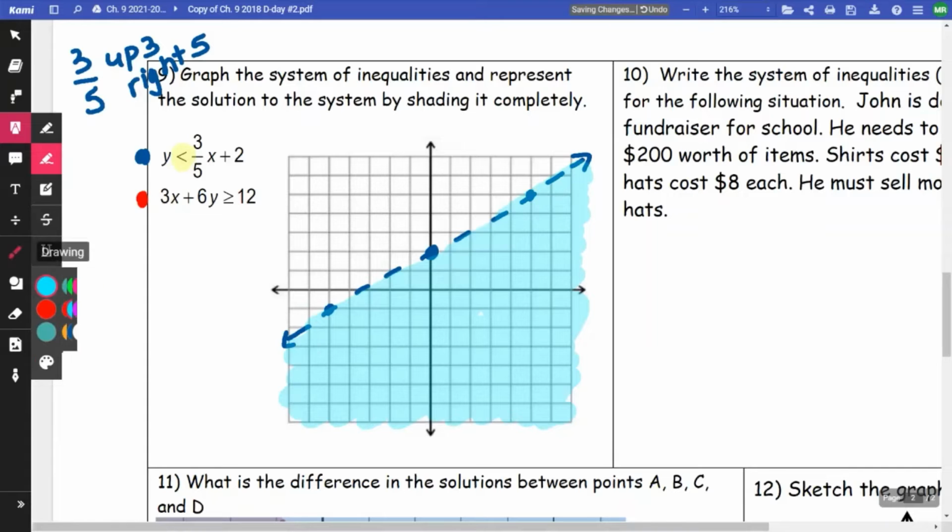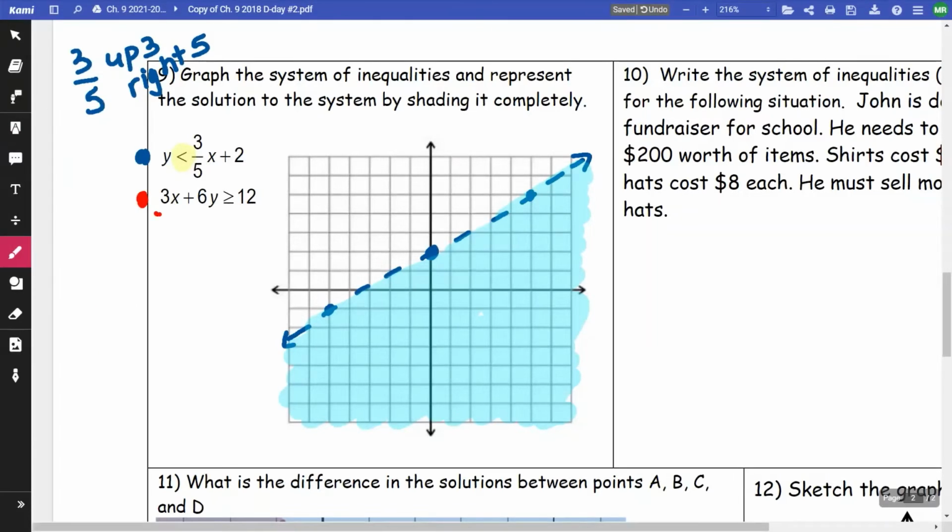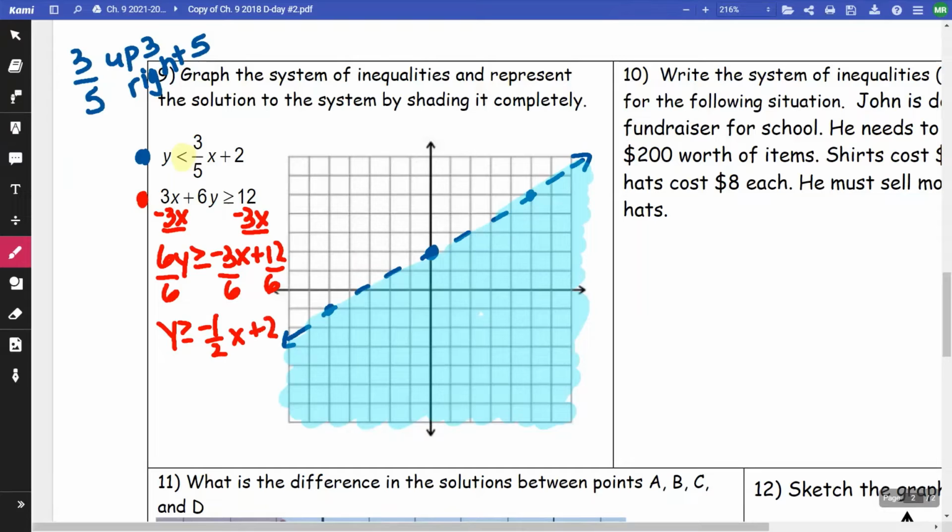Now, the second one is not in y form, so I'm going to minus 3x. I'm going to get 6y is still greater than or equal to negative 3x plus 12. I'm going to divide by 6. So I'm going to get y is greater than or equal to negative 1/2 x plus 2.